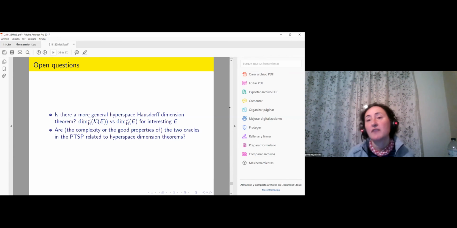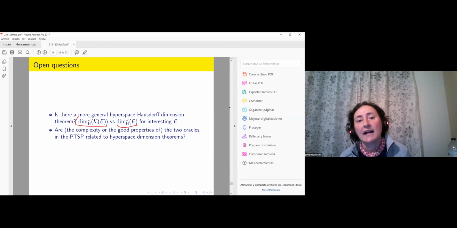I mean, the cases where you have results for Hausdorff dimension is because it does coincide with packing dimension. But I think there should be something doable once you have this point to set principle. There should be a way of connecting the dimension of the hyperspace, the Hausdorff dimension, and the dimension of the set in cases that are non-trivially covered by the previous result.